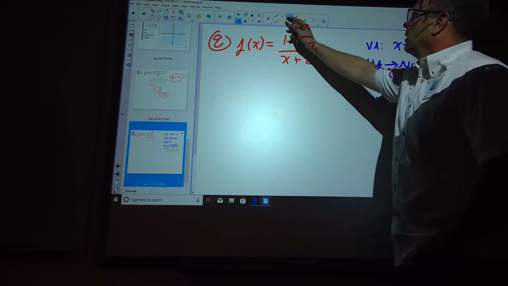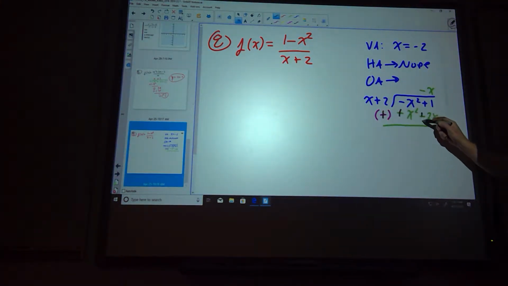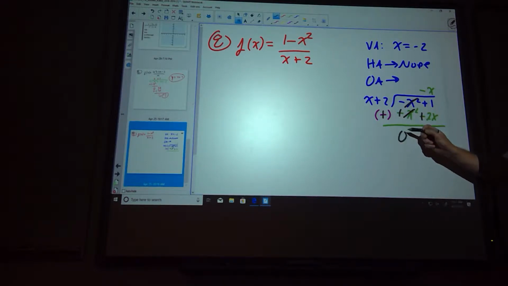Distribute, so then make that a positive, that becomes positive, that becomes positive. Is that okay? Hush over there. So that becomes 0.